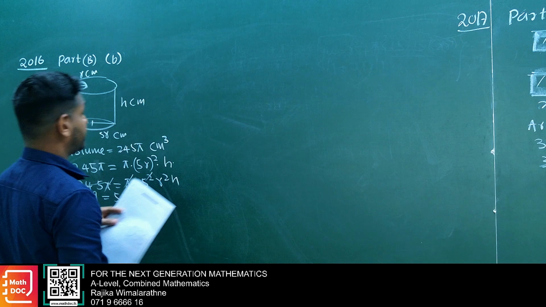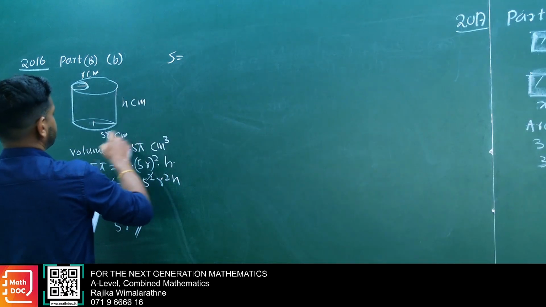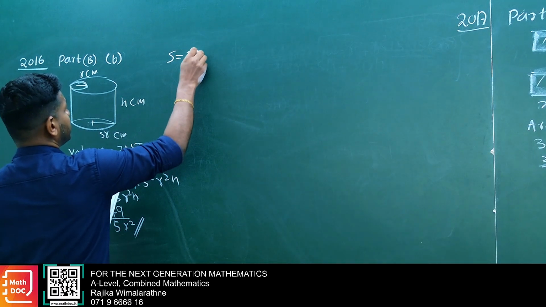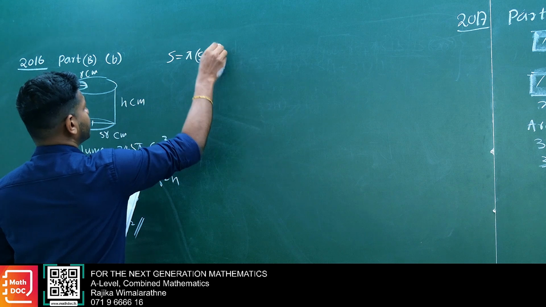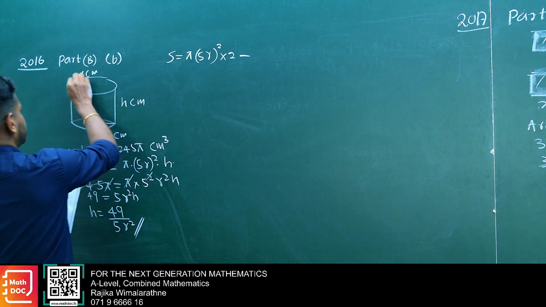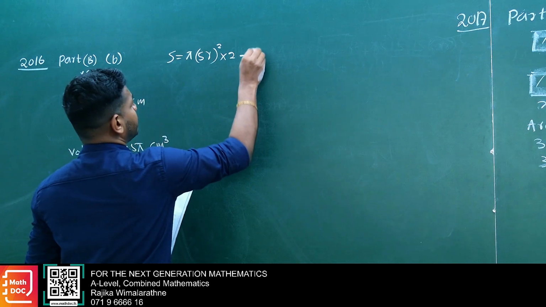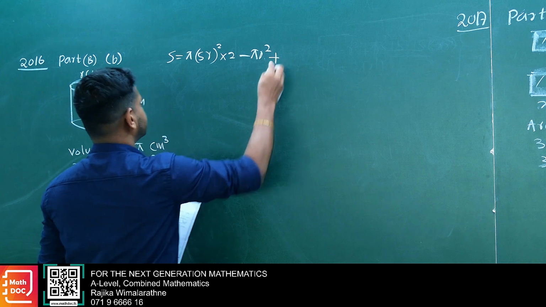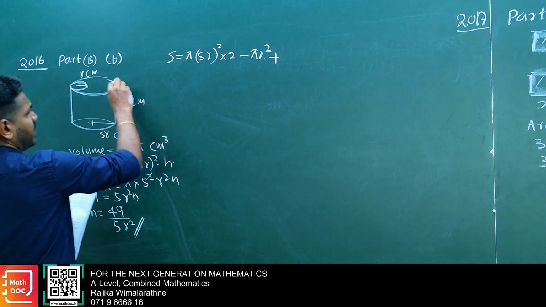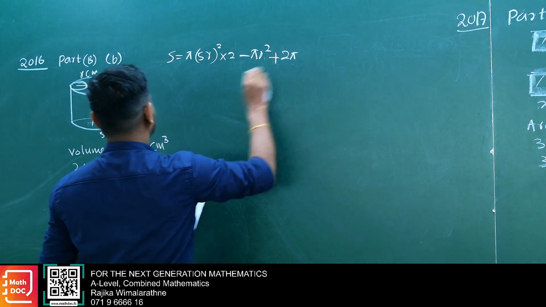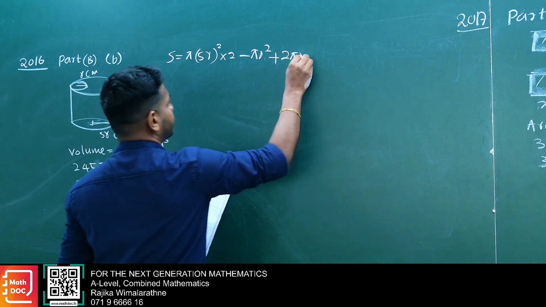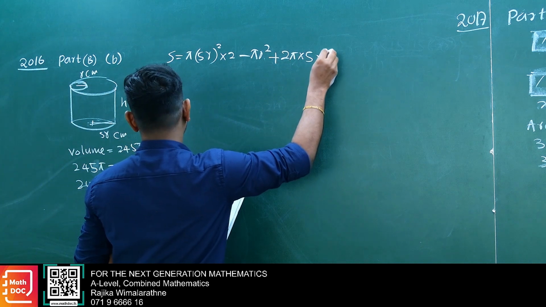Then surface area. Here pi times 5r squared times 2, minus this whole 5r squared, plus here 2 pi, radius 5r, into h.